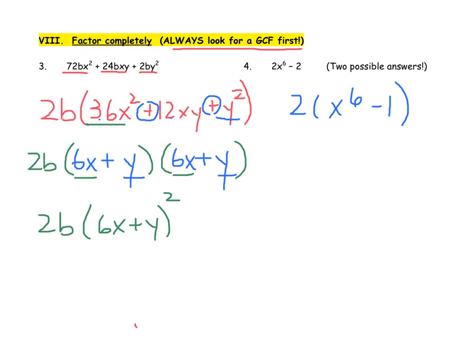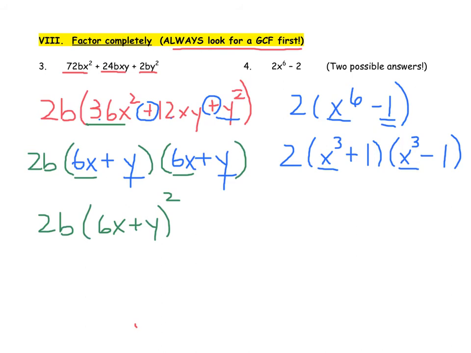So I'll be able to keep that GCF and write my two factors, and what I need in the first spot here is going to be the square root of the x to the 6th, and that would be x to the 3rd. So I will have x to the 3rd times x to the 3rd, need that plus minus pattern, and then I need the square root of my second term, which is just 1 and 1.